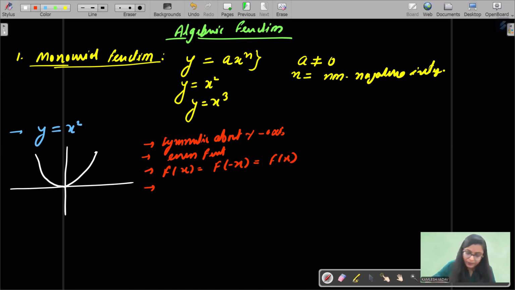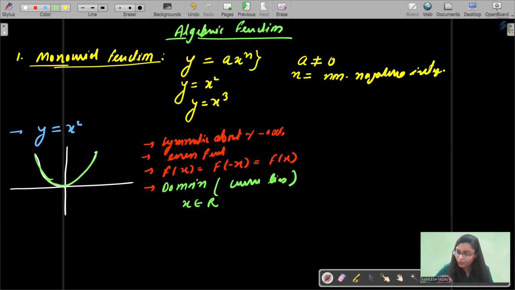Now, for its domain and range: for domain, we look at the values of x, which lie between minus infinity and plus infinity. It means where the curve lies. In this diagram, we see the curve lies between minus infinity and plus infinity. So here domain is x belongs to R. But what about the range?